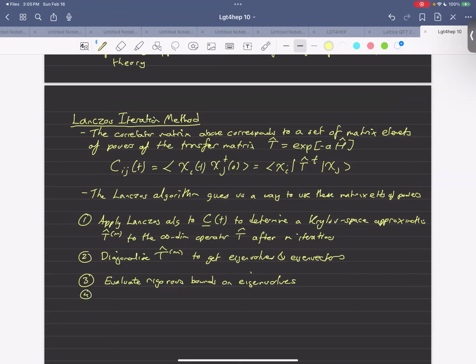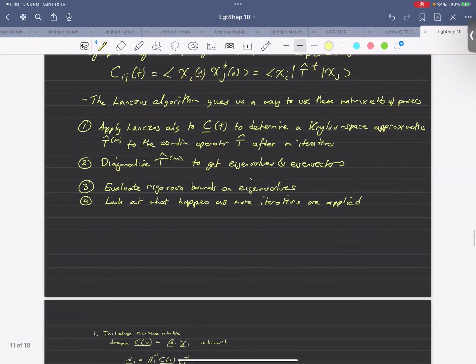And finally, we'll look at what happens as more and more iterations are applied. Is there some convergence you see?